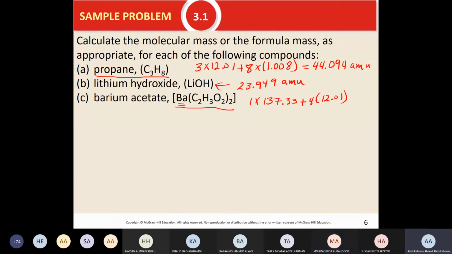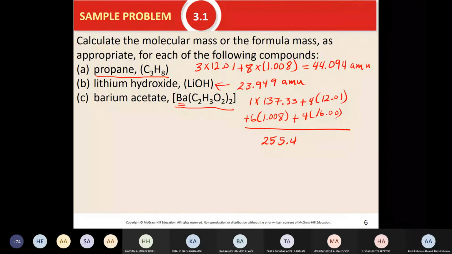How about hydrogen? 6 times 1.008. How about oxygen? 4 times 16.0. All right. Now add them together. 255.378. Do you know how to do it now? Is it easy?